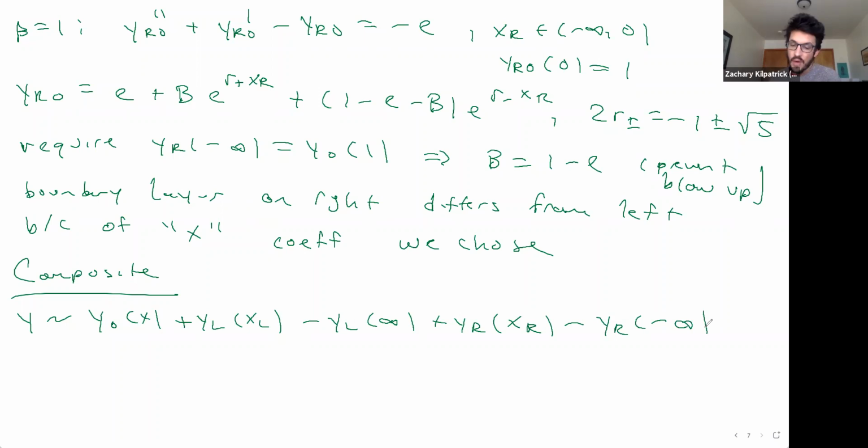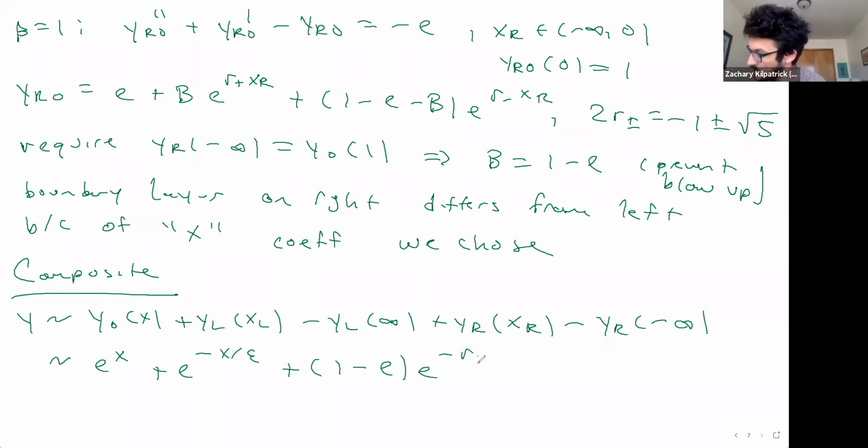Those are going to be the double counted terms. And we end up with e to the x plus e to the minus x over epsilon plus 1 minus e to the minus r plus 1 minus x over epsilon. Okay. And what we find is that our solution is going to look like this.